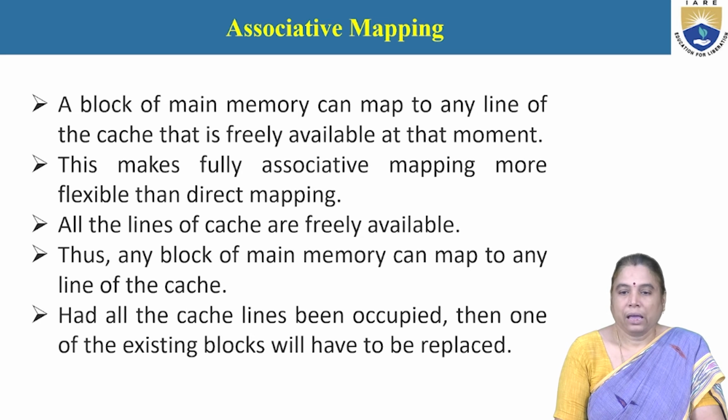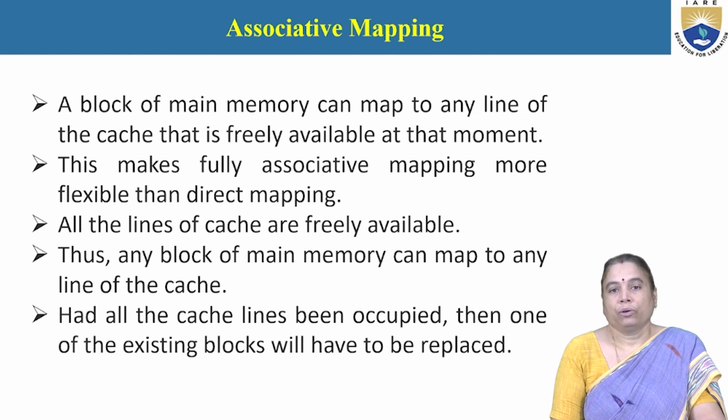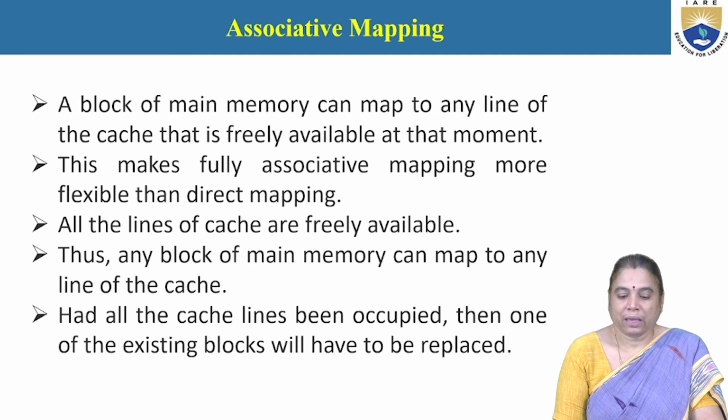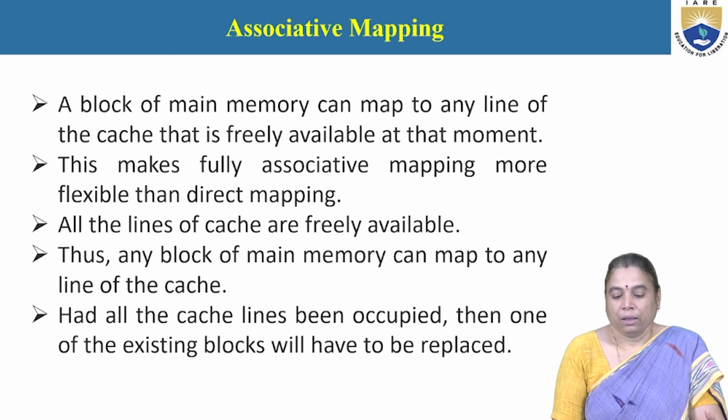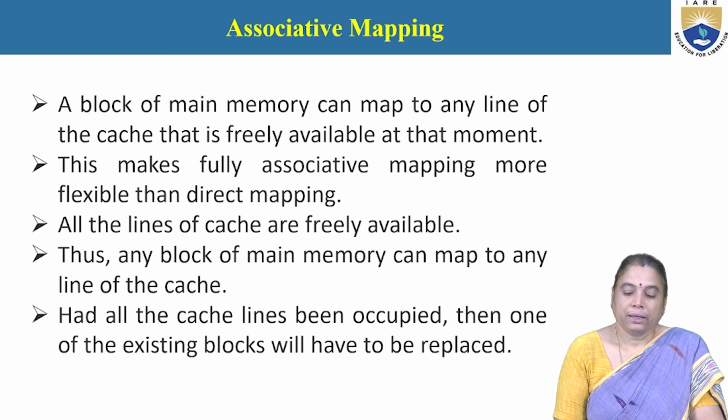The next one is associative mapping. A block of main memory can map to any line of the cache that is freely available at that moment. Here there is no need to use modulus calculations; the freely available location is identified, and the memory block can be moved there.